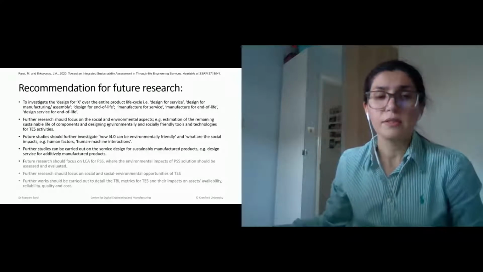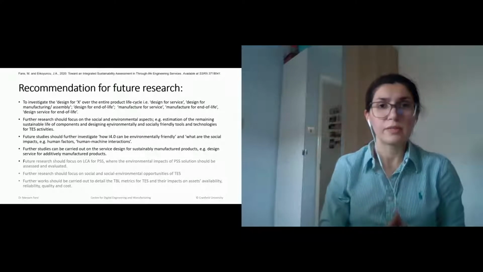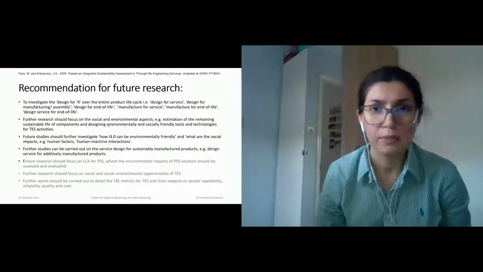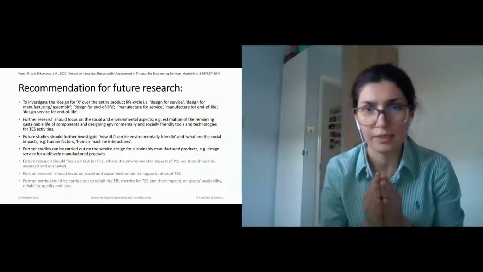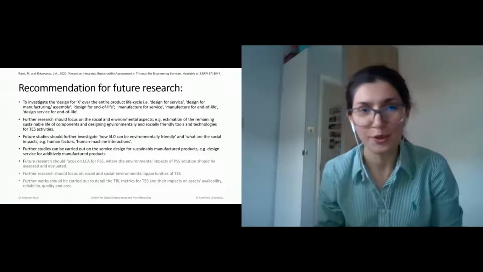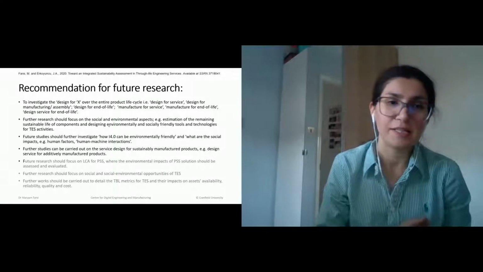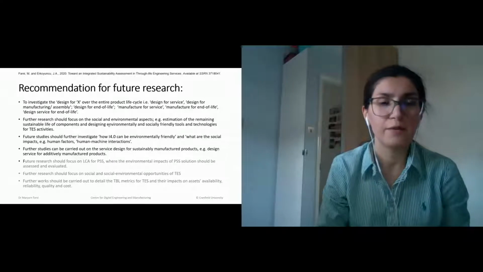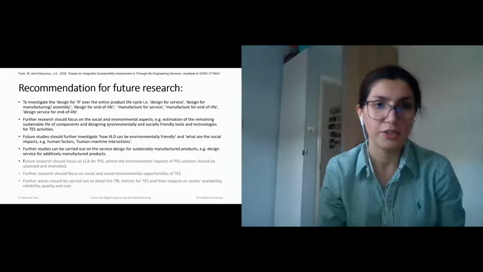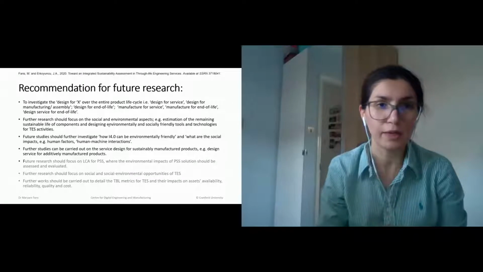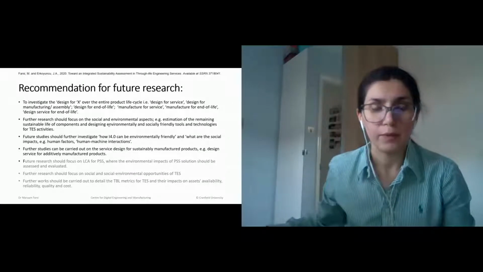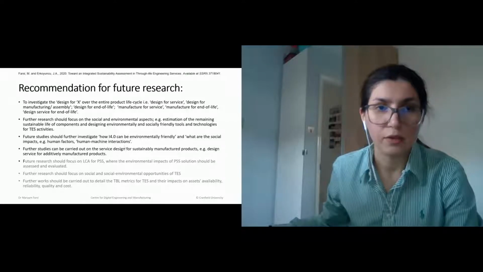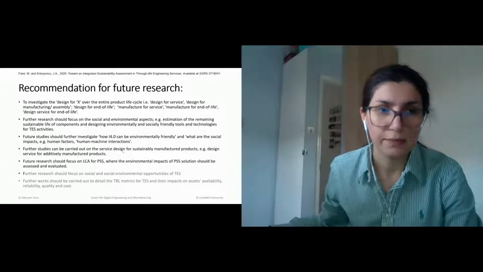And further studies can be carried out for the service design for sustainability, for sustainably manufactured products, such as, for example, designing the service for additively manufactured products. So we've got the additive manufacturing, now how can we design the service with regards to sustainability.